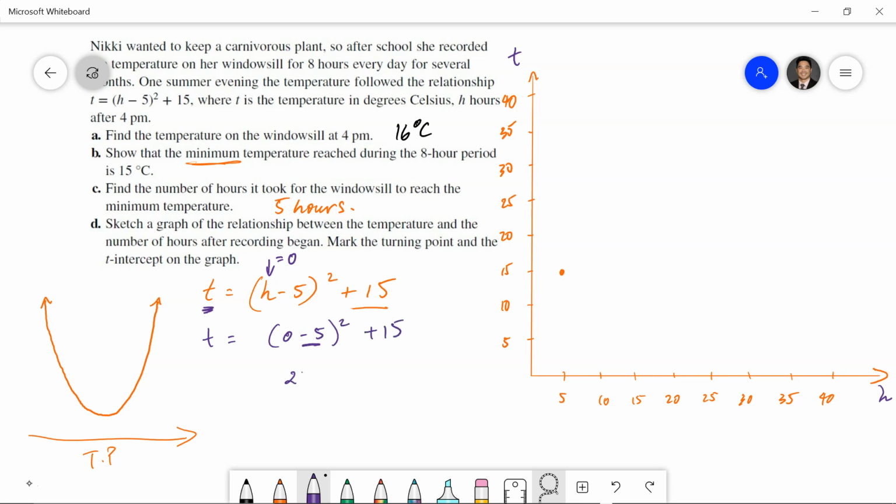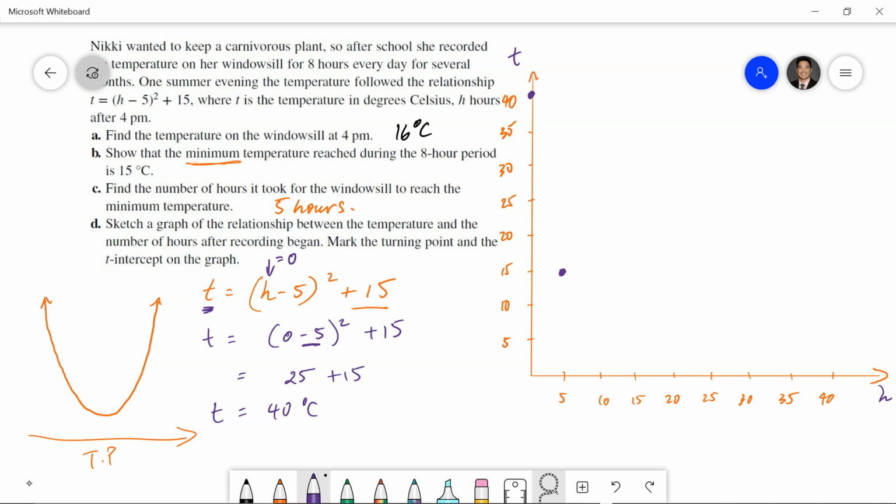Minus 5 squared is 25, plus 15 is equal to 40. So at the very beginning, when the recording has started, the temperature taken is 40 degrees Celsius. So it starts here up on the top. Then it goes down to the bottom over here.